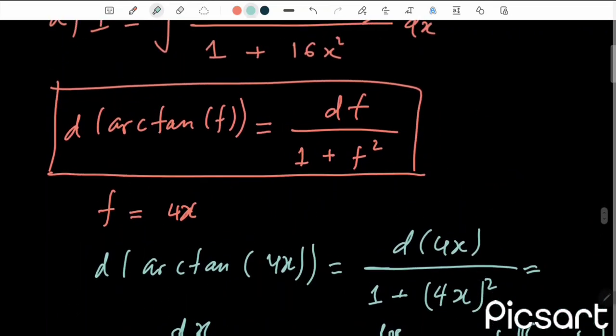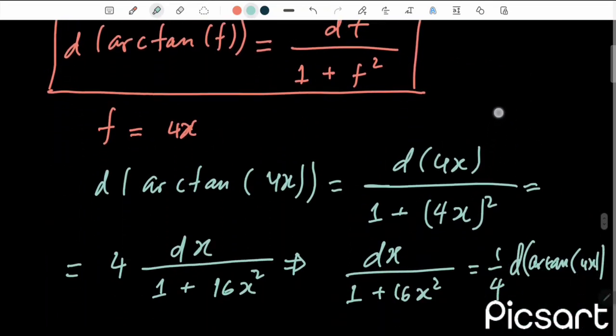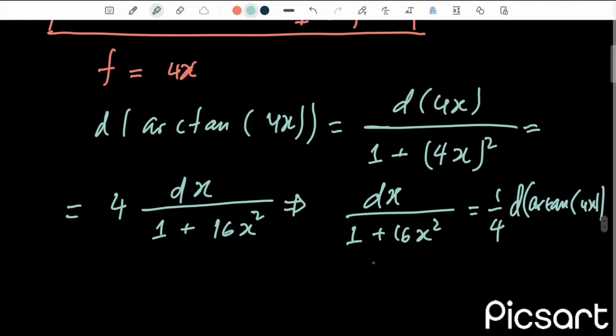And now we will substitute this expression in our integral.